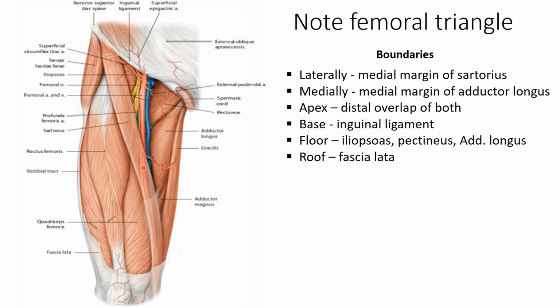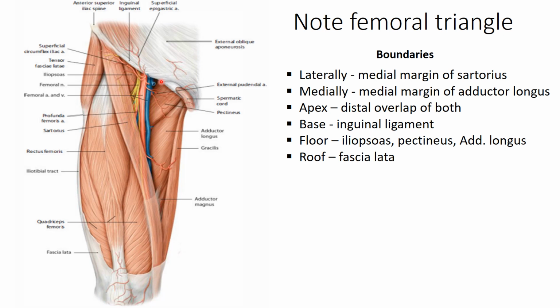Medially, it is bounded by the medial margin of the adductor longus, and the apex is where these two overlap, so that forms the tapering apex. So the distal overlap of both forms the apex, and the base is situated proximally, and this is formed by the inguinal ligament.